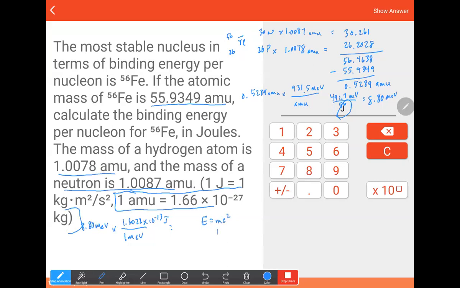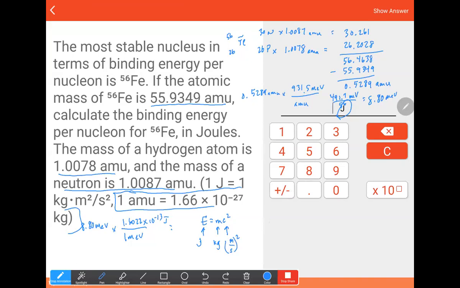And right now we're trying to find our mass. Our energy will be in joules, this will be kilograms, and then this one will be meters per second squared. So first thing we do is find our mass.